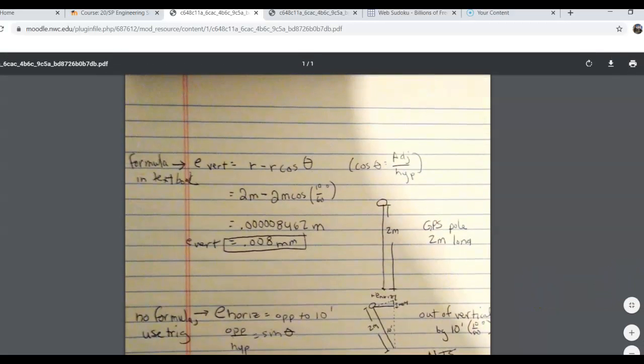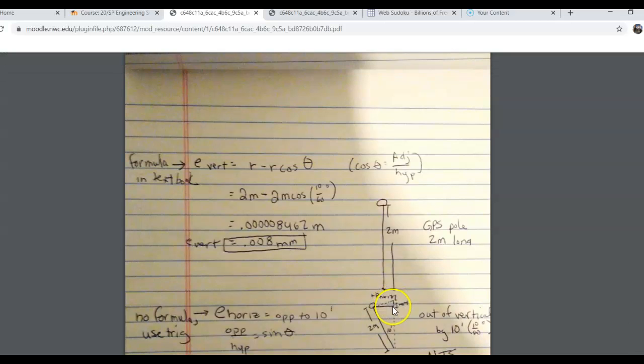Now, for the vertical error, you can see it's a little bit more complicated. It's this chunk that is the difference between where the receiver would be in the vertical direction as opposed to the vertical distance above the point at the bottom of the receiver.